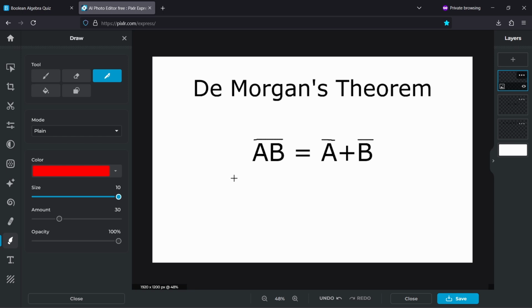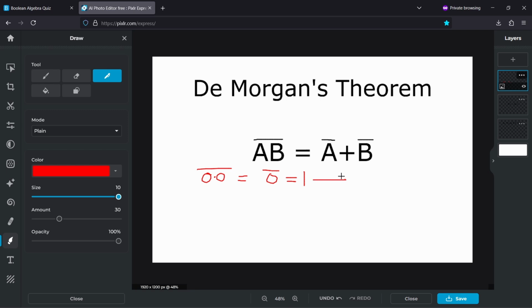So let's go. Case number 1, we'll say A is equal to 0 and B is equal to 0. So we're going to say that 0 times 0, bar, and they're being multiplied. Let's just rewrite that. That would be 0 bar, which would be equal to 1.